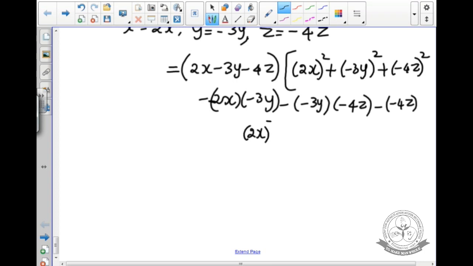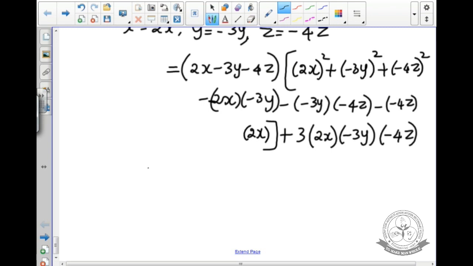Okay, the second term is over, then plus 3xyz, so plus 3 into x is equal to 2x and y is equal to minus 3y and z is equal to minus 4z, okay.